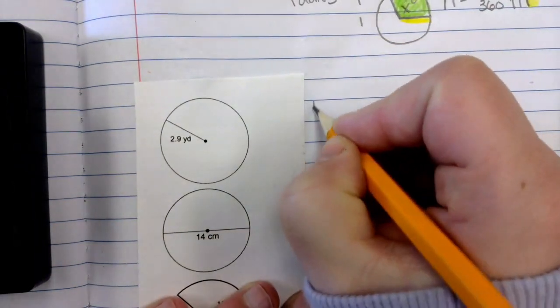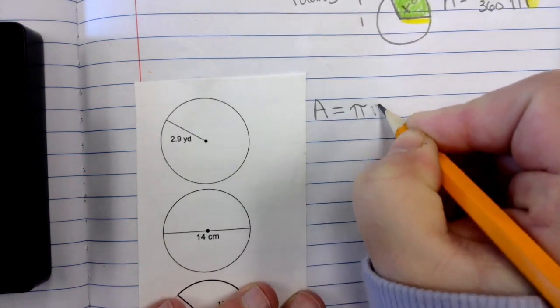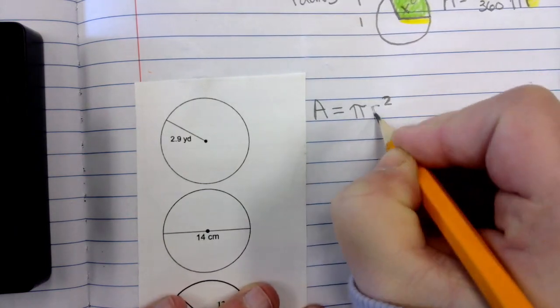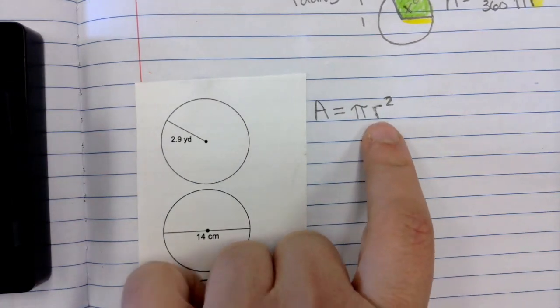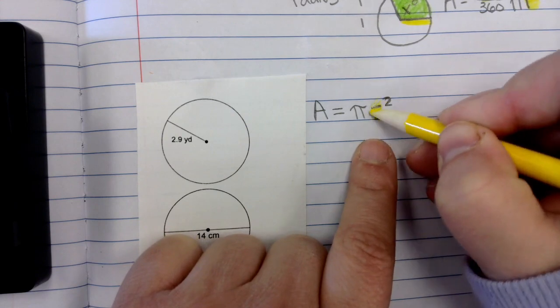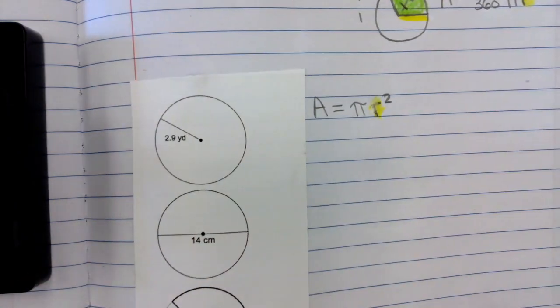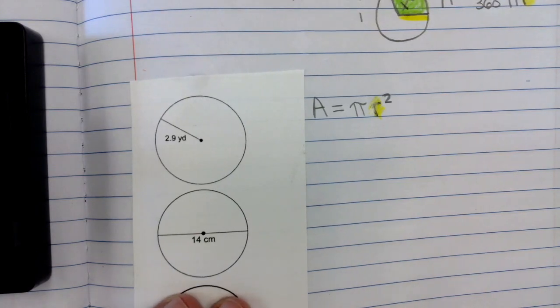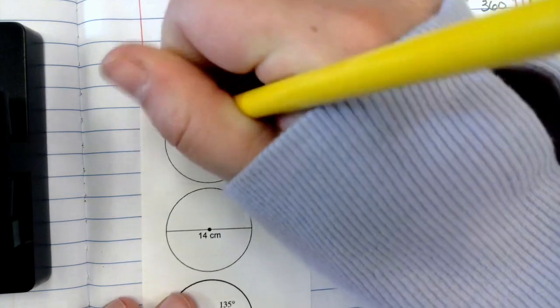So where on my circle is going to be my radius? Yeah, this one. Is this 2.9 a radius? Yeah, 2.9 is radius. It goes halfway. So in my calculator, I'm going to do pi. And then for my radius, I'm going to put in 2.9. And then that's squared.